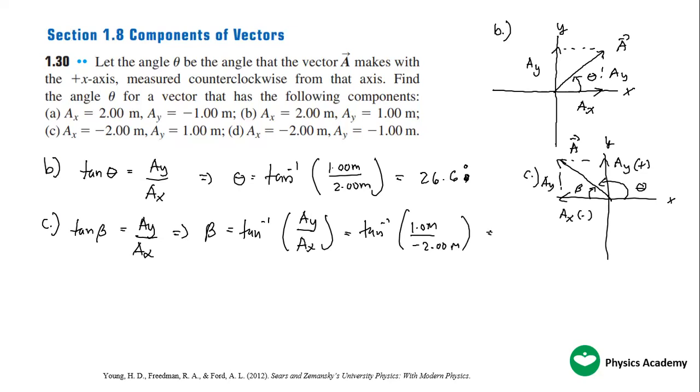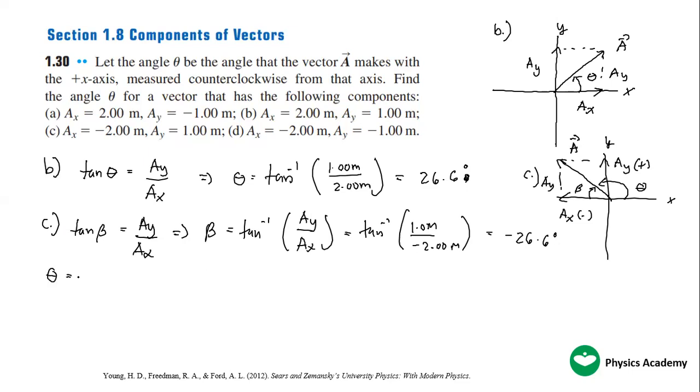Shift tangent, 1 over negative 2. It will give us negative 26.6 degrees. So what does it mean? It means that from this negative x-axis, moving clockwise, that's why it's negative, the angle from here to there is 26.6 degrees.